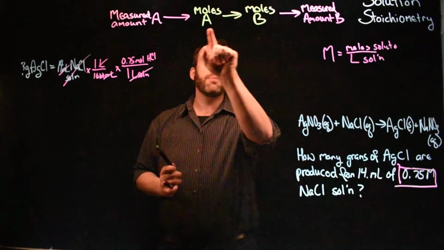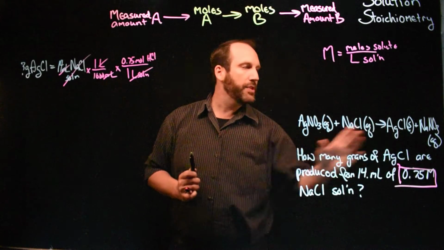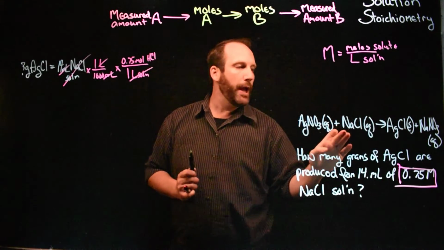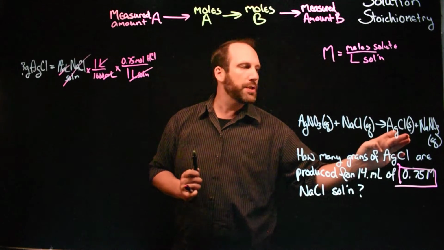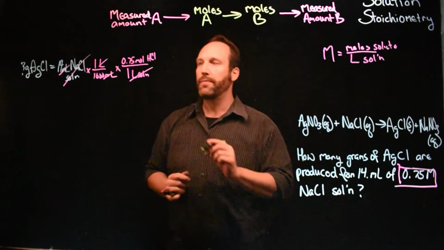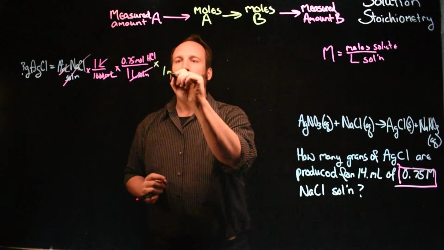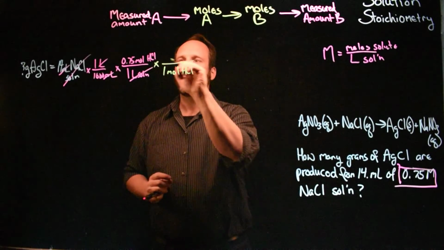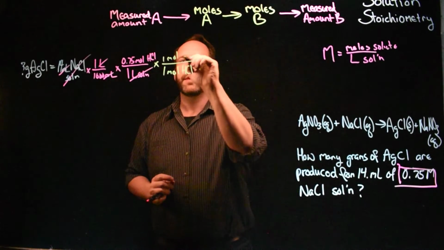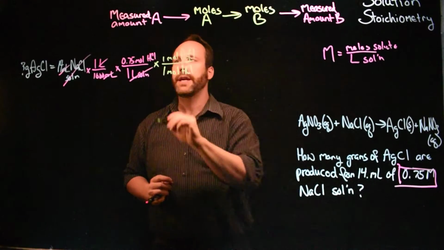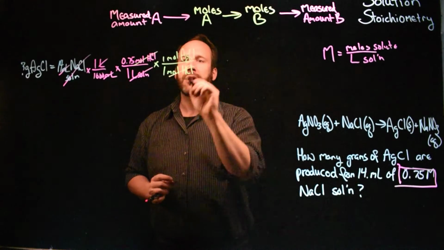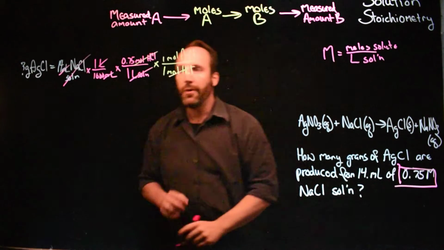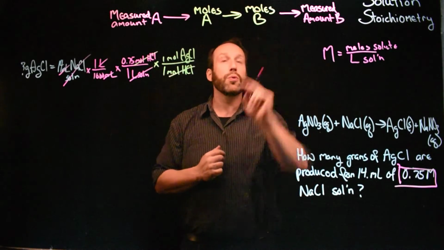Now we can use our mole to mole ratio here, the fact that everything is 1 to 1, so it's 1 mole of NaCl produces 1 mole of AgCl, right? So we can say 1 mole of HCl will produce 1 mole of AgCl. Okay, moles of HCl and HCl cancel, and now we're in moles of AgCl, or moles of B.